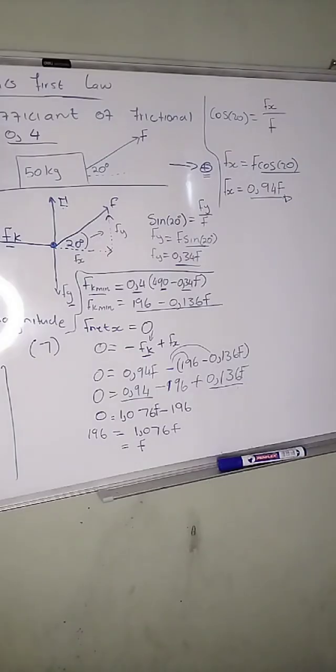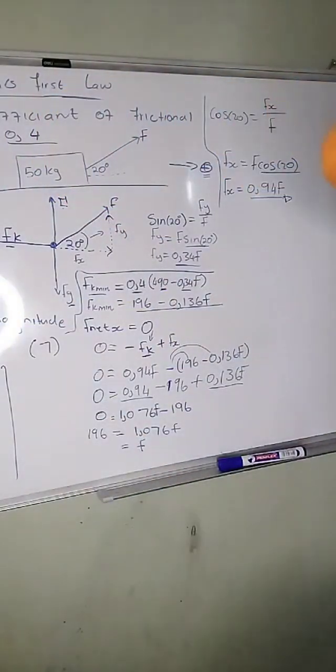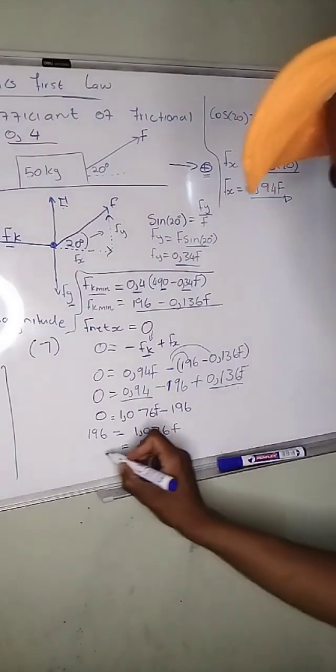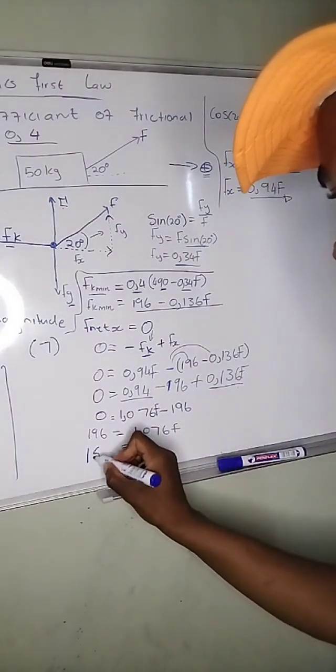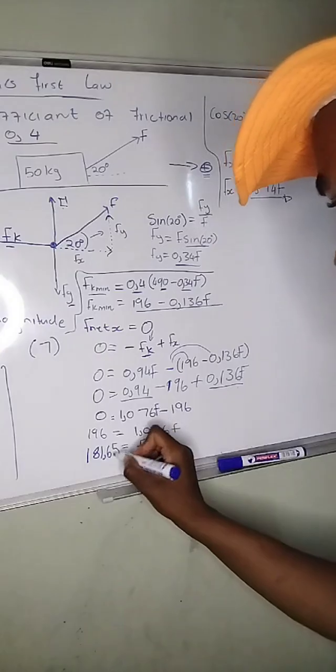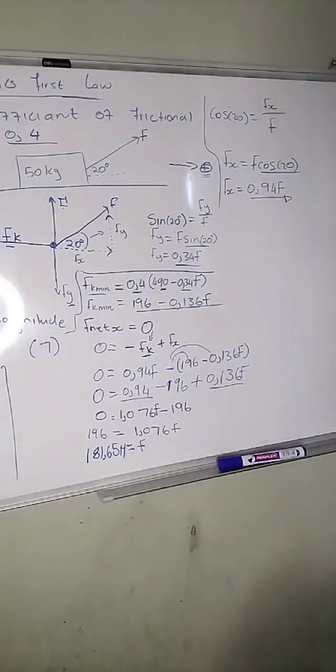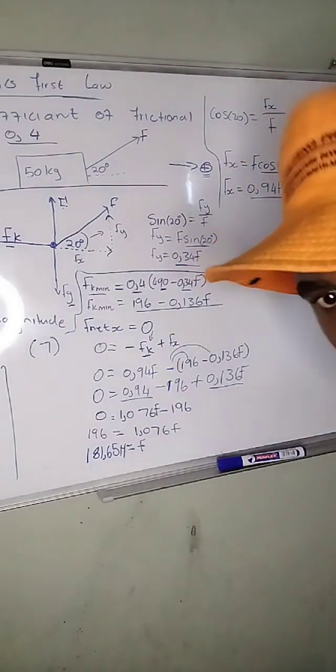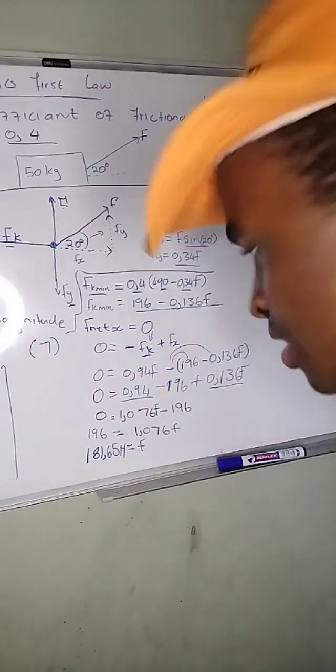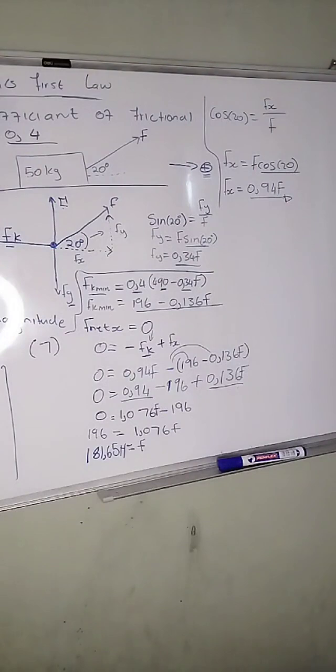I know it's 7 marks, guys. This question is 7 marks. It's going to be 181.65 newtons. Is it 181 or 182?